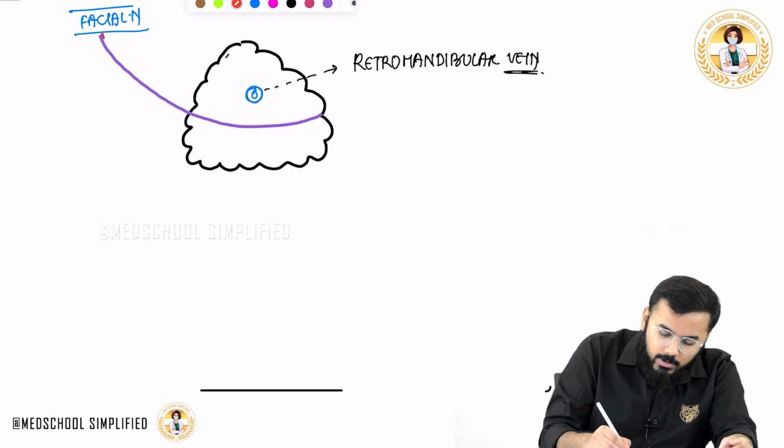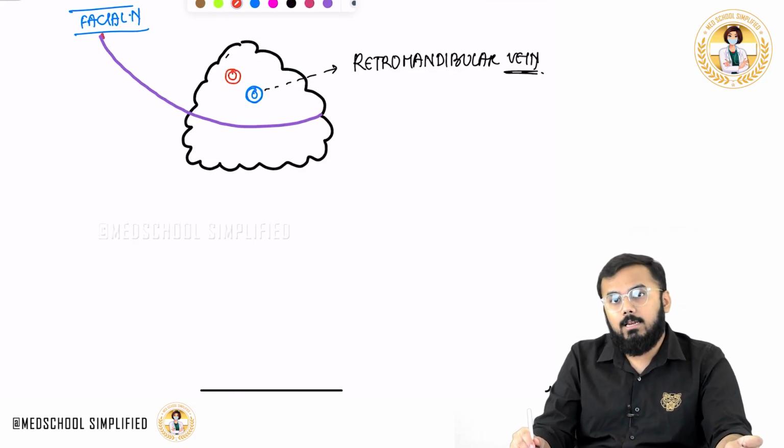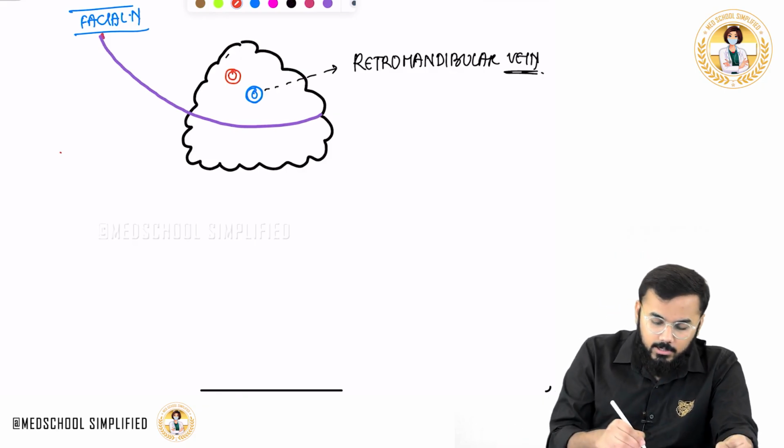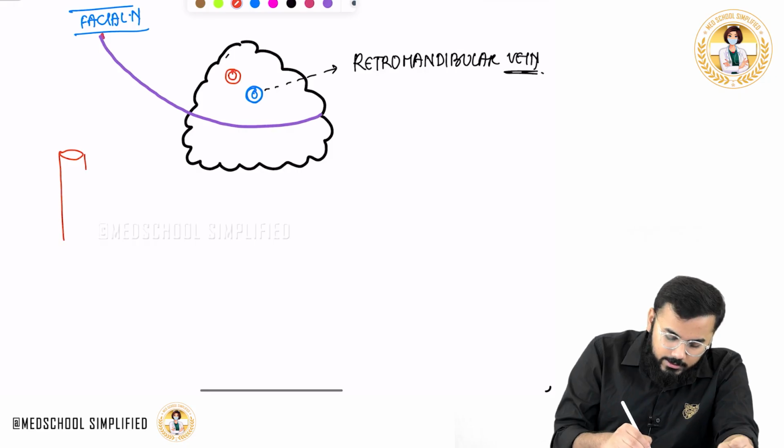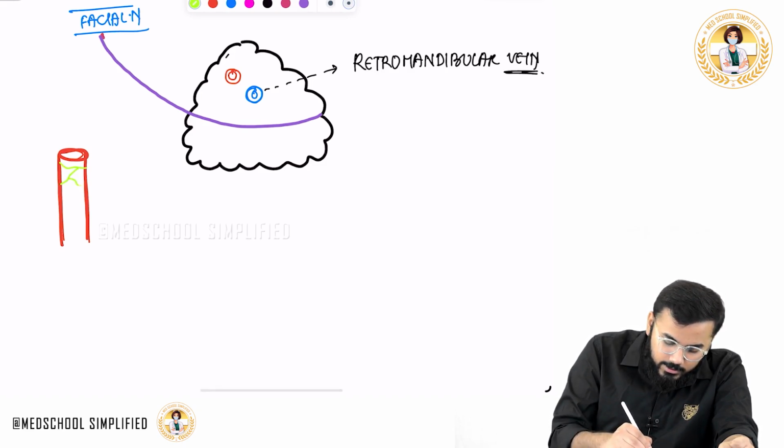After the retromandibular vein, you have one more structure, an artery. This artery is called the external carotid artery. The second important thing is that on the surface of this external carotid artery, you see a plexus like this.